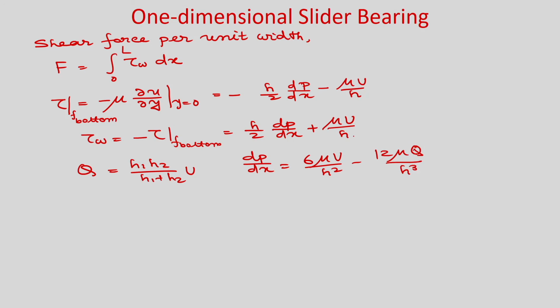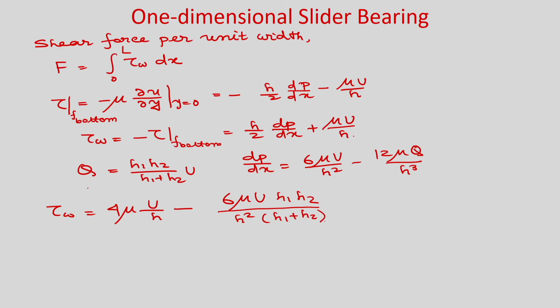So, you substitute this q here, and you will get tau W as 4 mu u by h minus 6 mu u H1 H2 divided by H square into H1 plus H2.